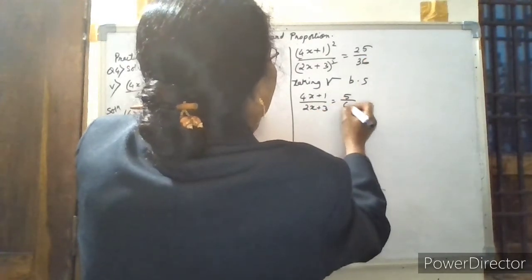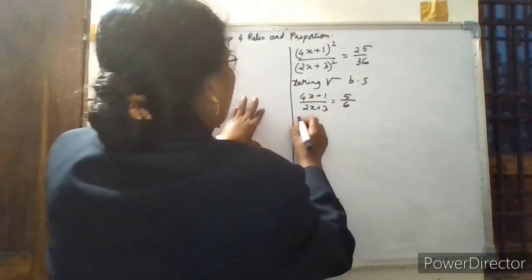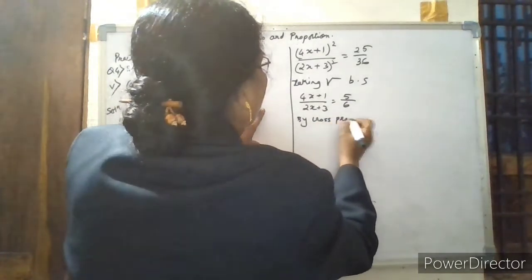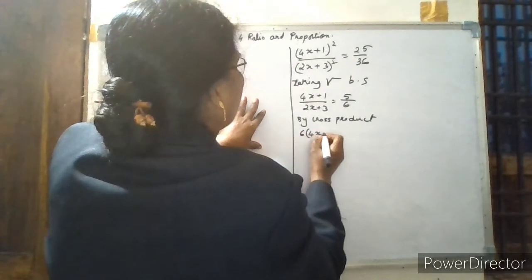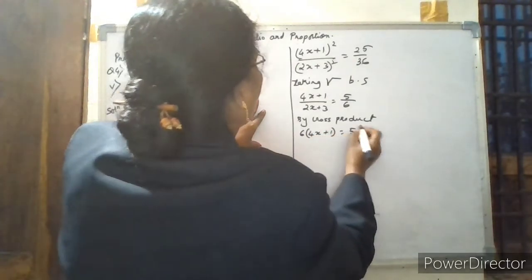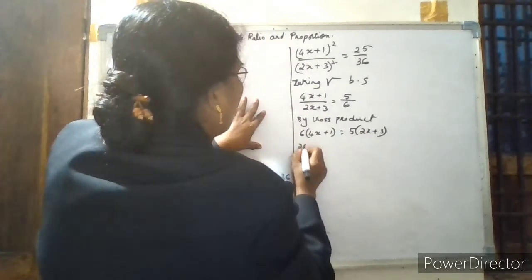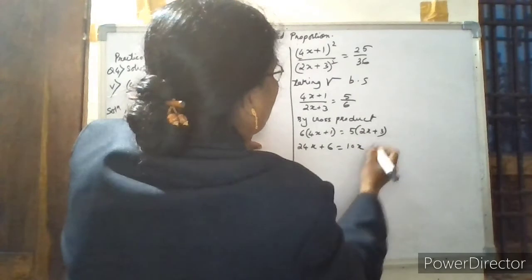So again we can do cross product. 6 into 4x plus 1 is equal to 5 into 2x plus 3. So 6 4s are 24x plus 6 1s are 6, equal to 5 2s are 10x plus, plus into plus is plus, 5 3s are 15.